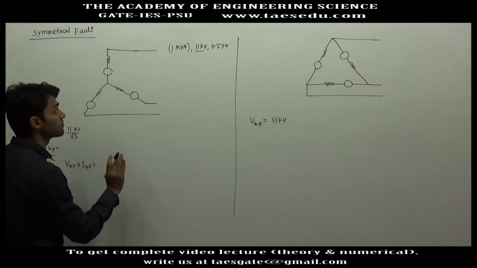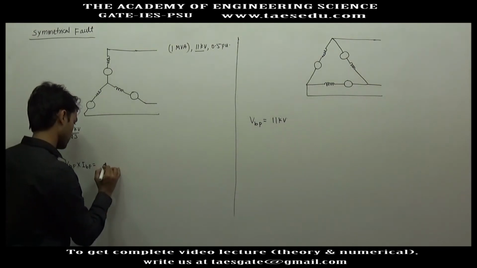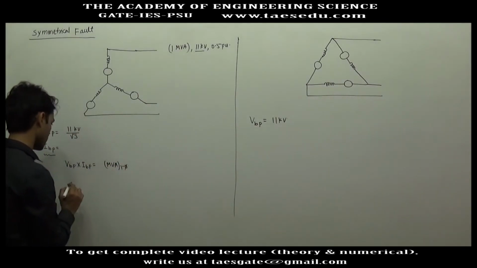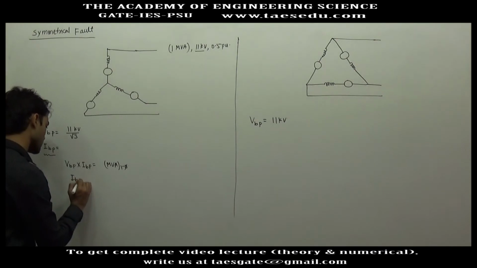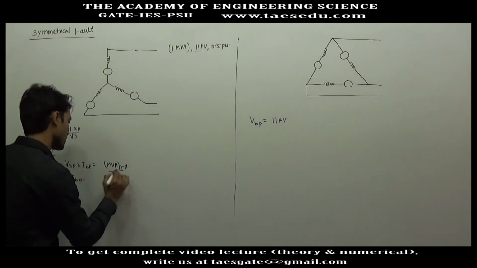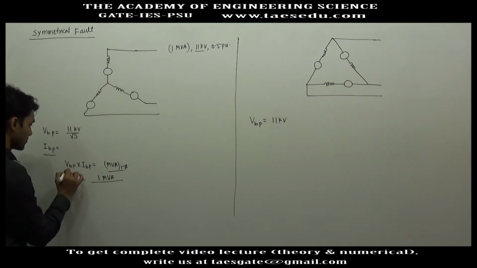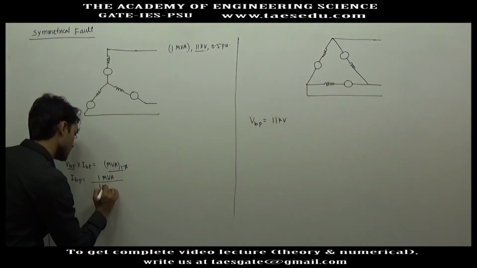So the base value of phase current will be, this is 1 MVA, 1 MVA divided by the base value of phase voltage, 11 kilovolt divided by √3.